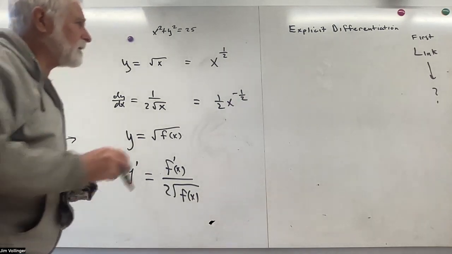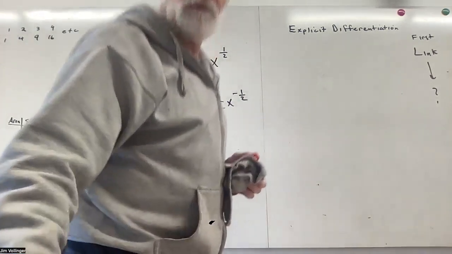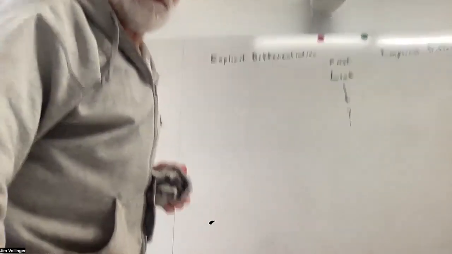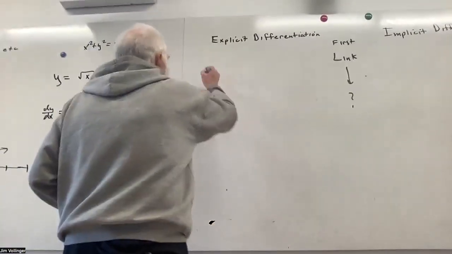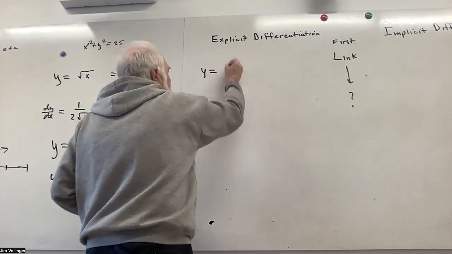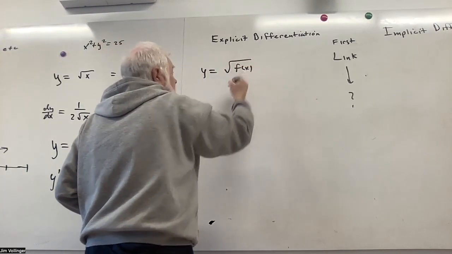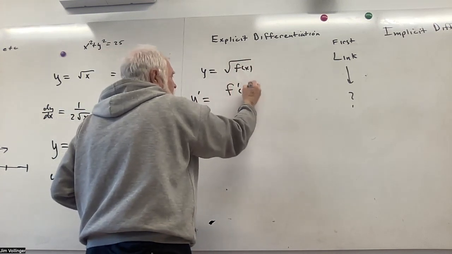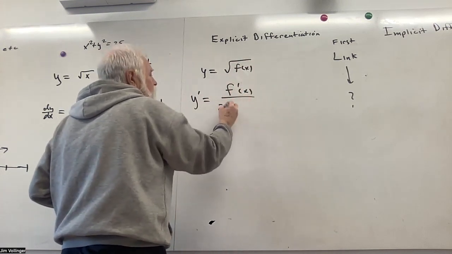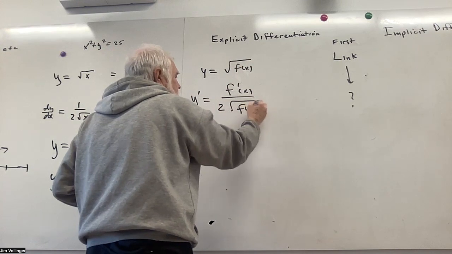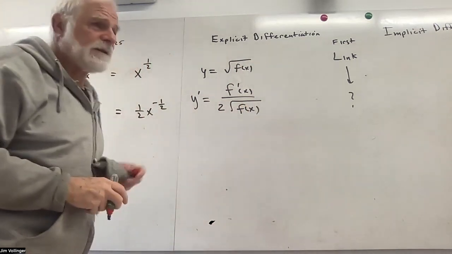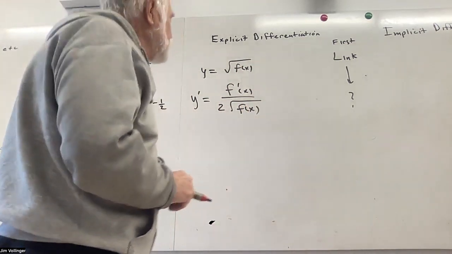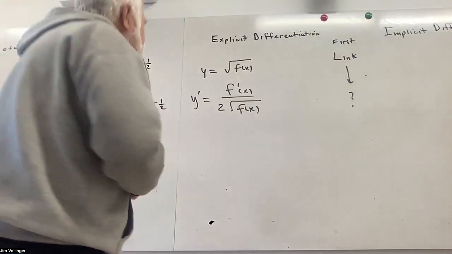We're going to look at explicit differentiation over here. The problem we just did was y equals the square root of f of x, and explicitly we get y prime equals f prime of x over 2 times the square root of f of x. Let's link it to implicit differentiation with an actual problem.